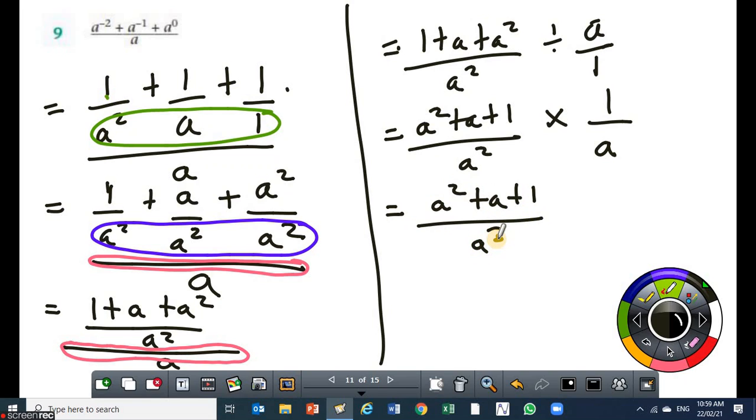Now, it's not a perfect square trinomial because there is no 2 there. It cannot be factorized. So this will be my final answer. There is no need to try to rewrite each term in the numerator under the same denominator. You can leave it like this.